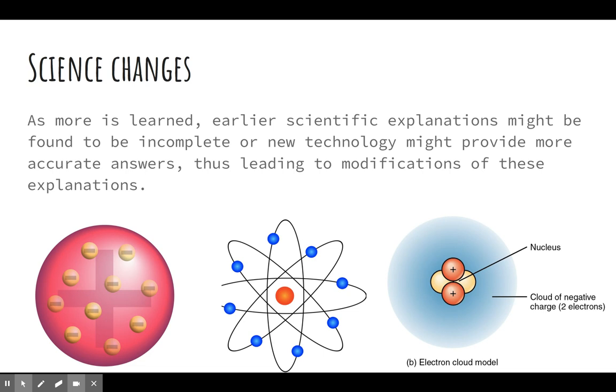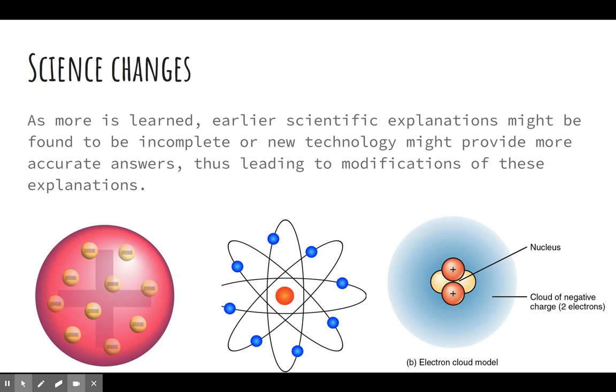And his model was different from Thomson's model. Instead of a solid ball, the atom consisted of a nucleus with electrons orbiting it like planets orbit the sun. So you can see there in the middle, that is the nucleus, and then those little blue balls around the nucleus are the electrons orbiting it.